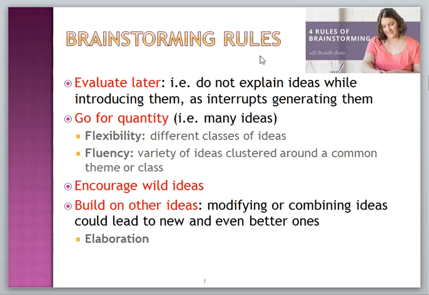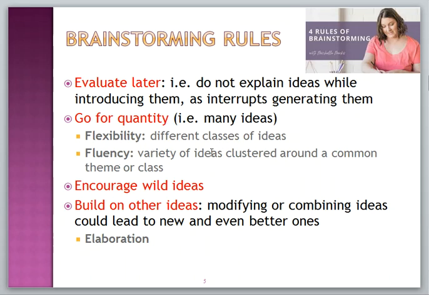In our textbook we have 4 rules for brainstorming. Evaluate later. Our main concentration is on quantity, not quality, so we need some flexibility in generating ideas, and fluency, varieties of ideas, and different category ones.